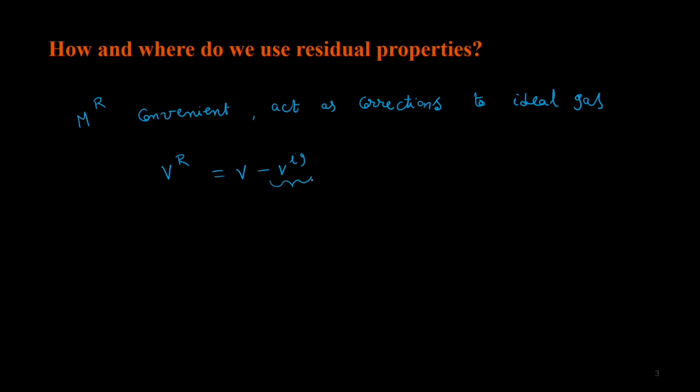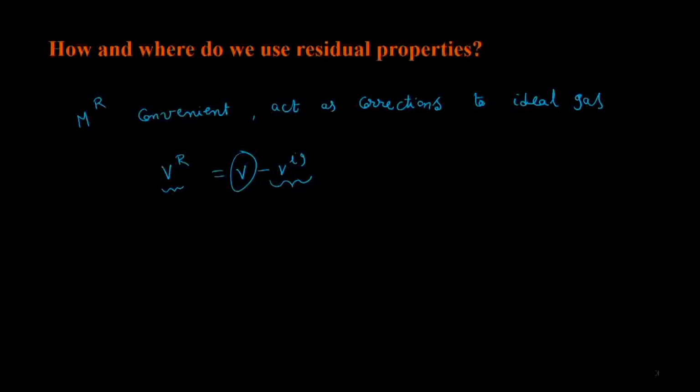If I know the ideal gas volume, I can add the residual volume to get the total volume. So this is sort of a correction, and for gases it works out because most of these corrections are usually small. Major contribution comes from the ideal gas value, and then you have a small correction on top of that to get to the total property.